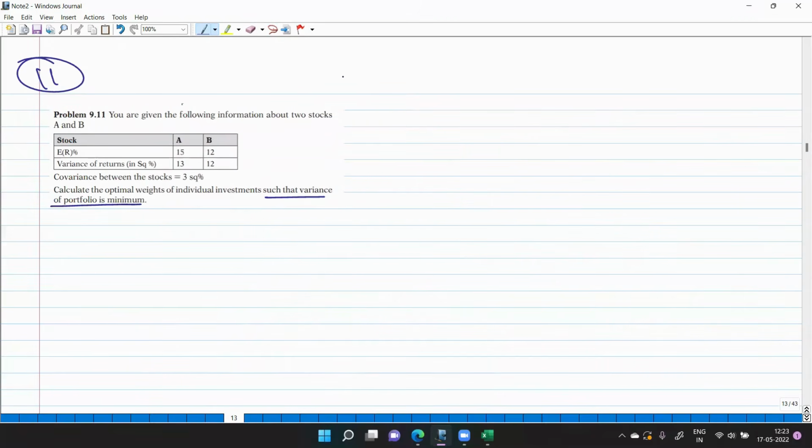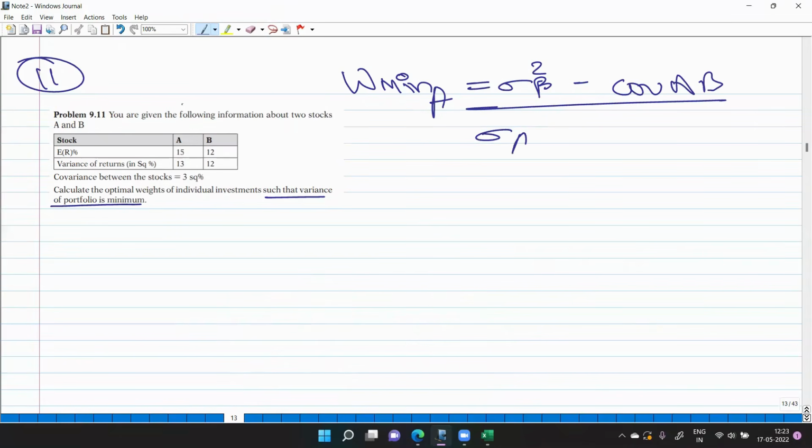Now I'll just write down the formula for reference. If we are finding the weight of A, this would be, below, it's better to remember: sigma B squared minus covariance over sigma A squared plus sigma B squared minus 2 covariance, the same kind of good formula.